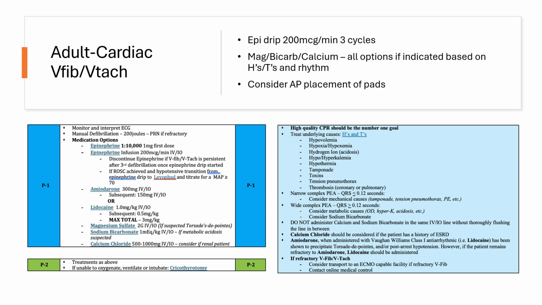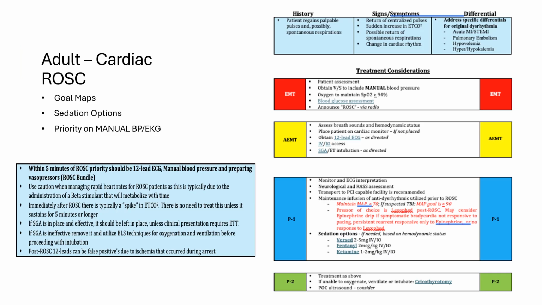All right, next slide. I have a ROSC slide. We're still going to Levophed. The literature still says Levophed is much better than epi post-ROSC. But I do have a caveat in there: you can add on epi if your patient is epi sensitive. We've all seen them, where you really have to push the epi or they keep coding. Well, let's start your epi drip, right? That makes sense. They're not responsive to Levophed. Let's start epi.